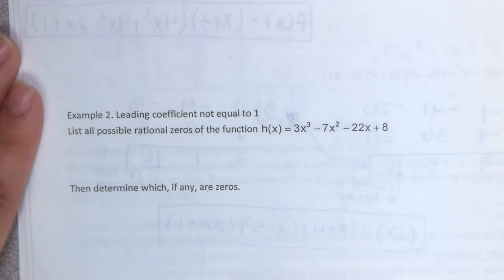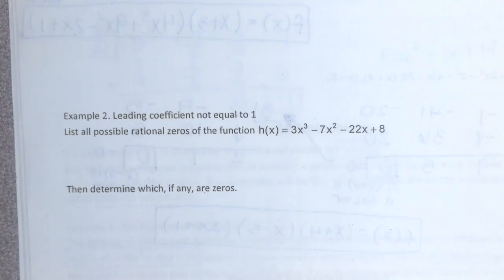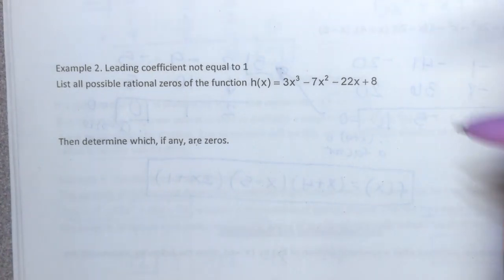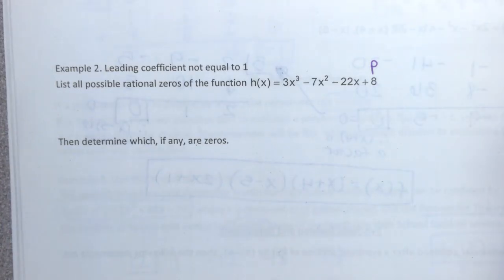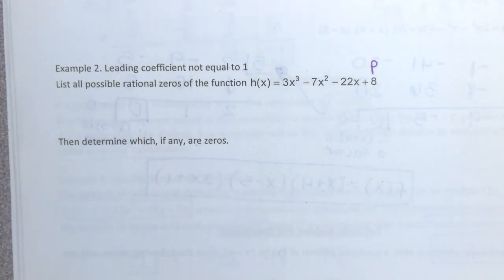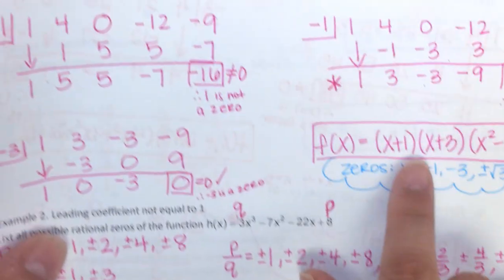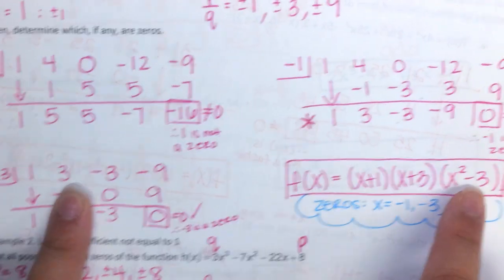But on the bottom, what happens when your Q is not 1? Because if you go through these like yesterday and you end up factoring it out, like in this case, we only had to do 3 because we found 2 of the factors and then the third factor was there.